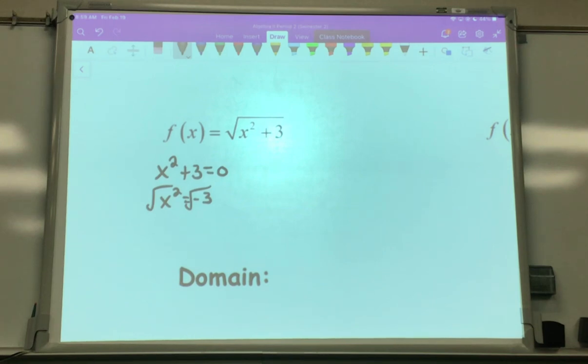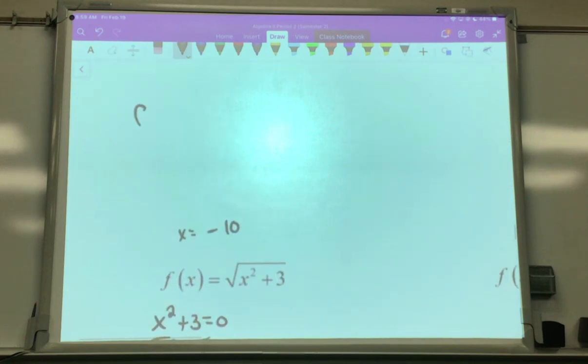It's getting squared. So even if I picked a negative value, let's say negative 10, and I evaluate f of negative 10, that's saying negative 10 squared plus 3, correct? Yeah.